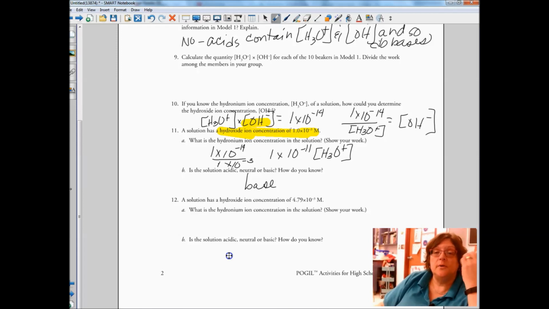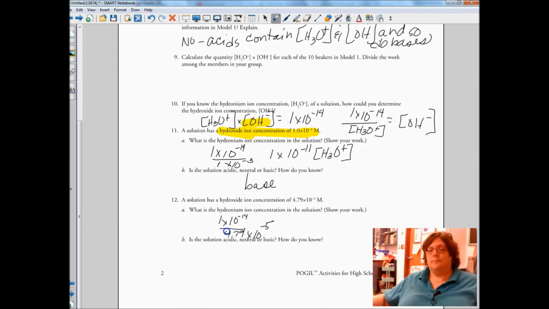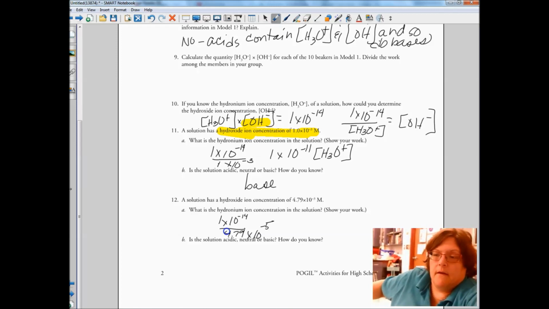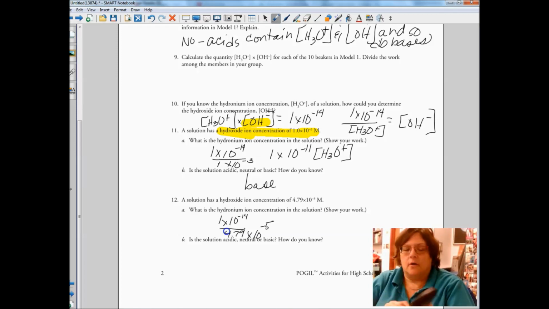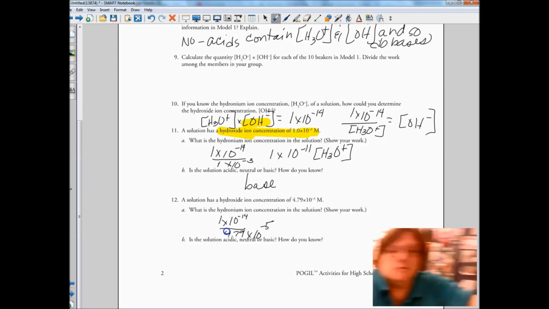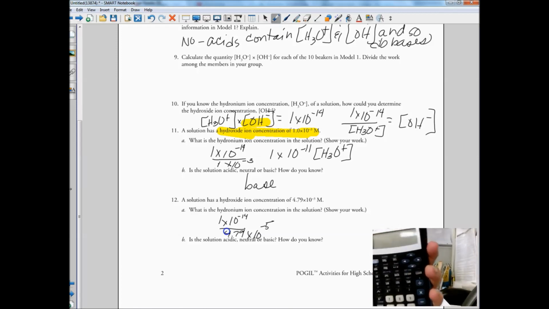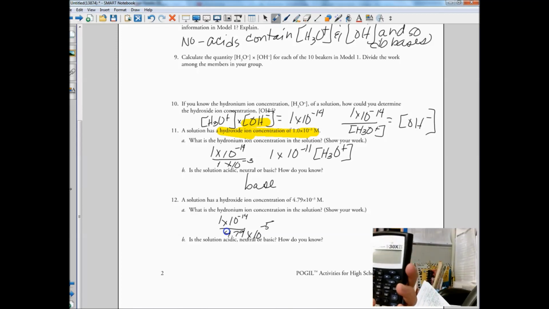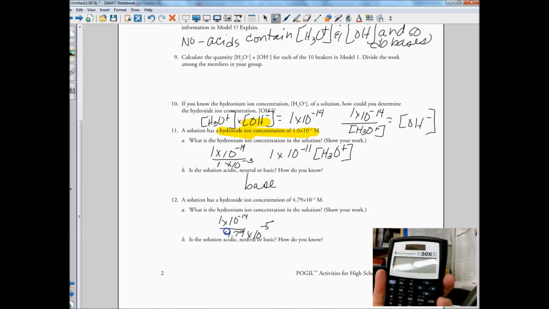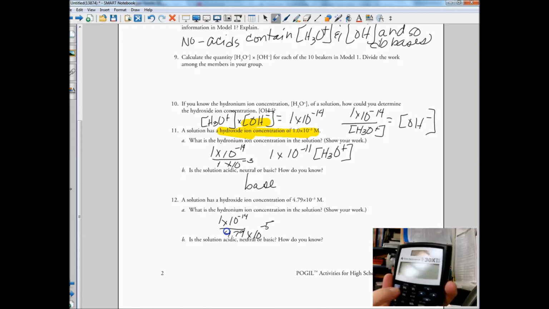This guy, a little bit harder to do, wants to know the hydronium ion concentration. So we're going to take 1 times 10 to the negative 14th, and we're going to divide by 4.79 times 10 to the negative 5th. Okay? So, let's see if I can do this. I have to turn it on first.